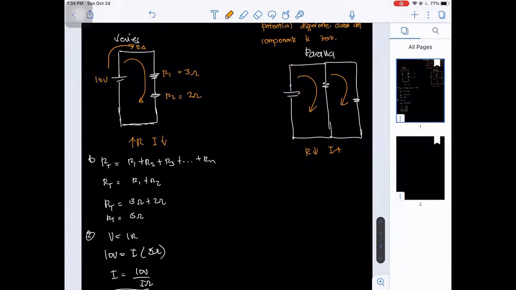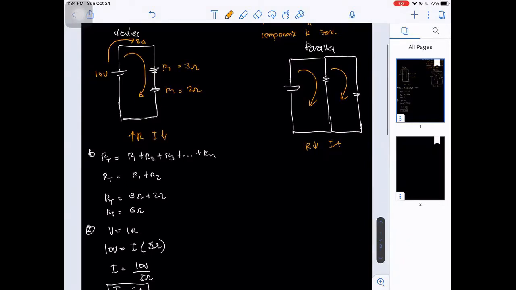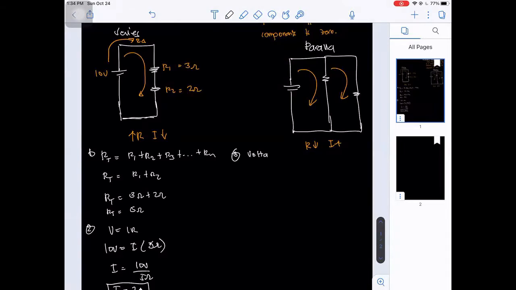Now after this, we can solve for the voltage drop across its resistors. To find the voltage drop, we can still use the formula V is equal to IR.